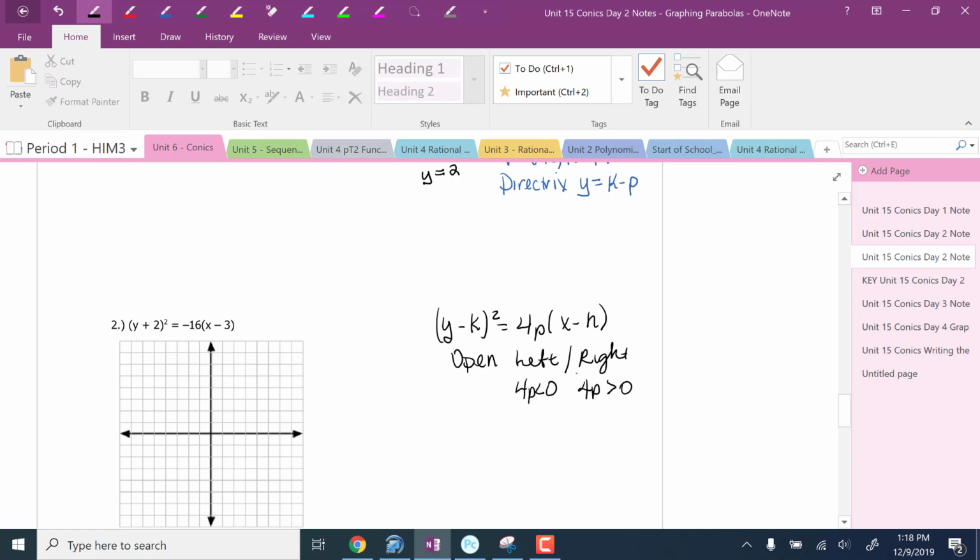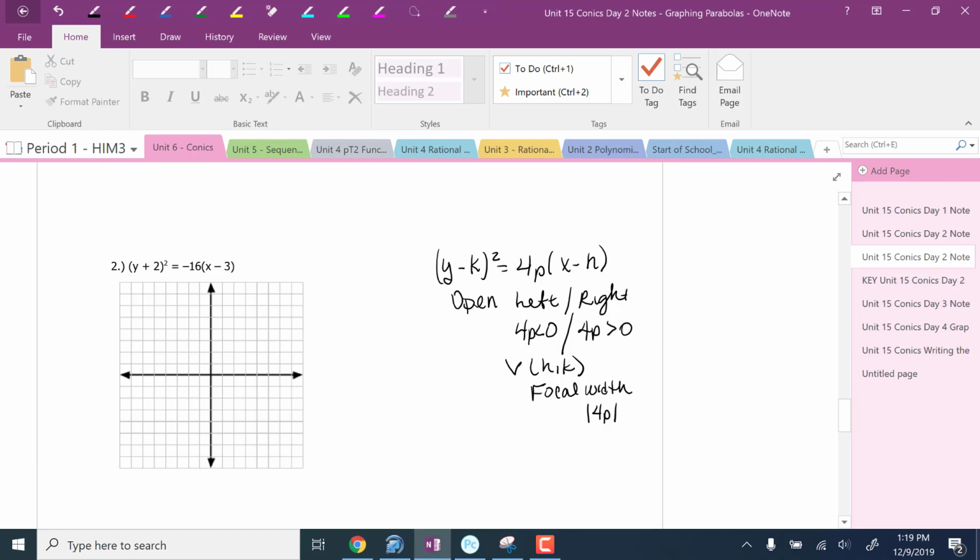If 4p is negative, it will open left. So this one here, we notice we open left because we have that negative 16. Our vertex is still at h, k. We still will calculate the focal width as the absolute value of 4p. And then we would solve for p, and that's going to give us the directrix and the focus. But this time it's going to adjust the x-coordinate because I'm opening left or right.